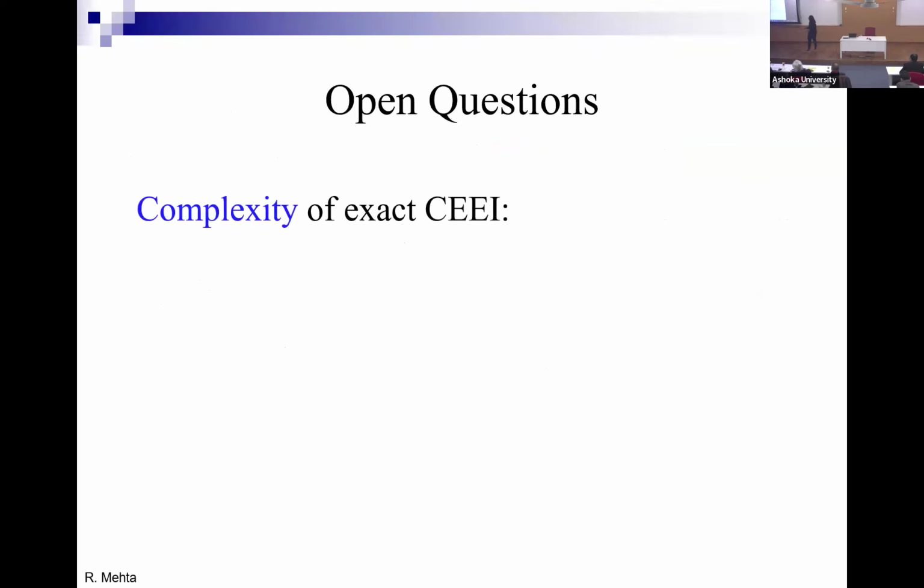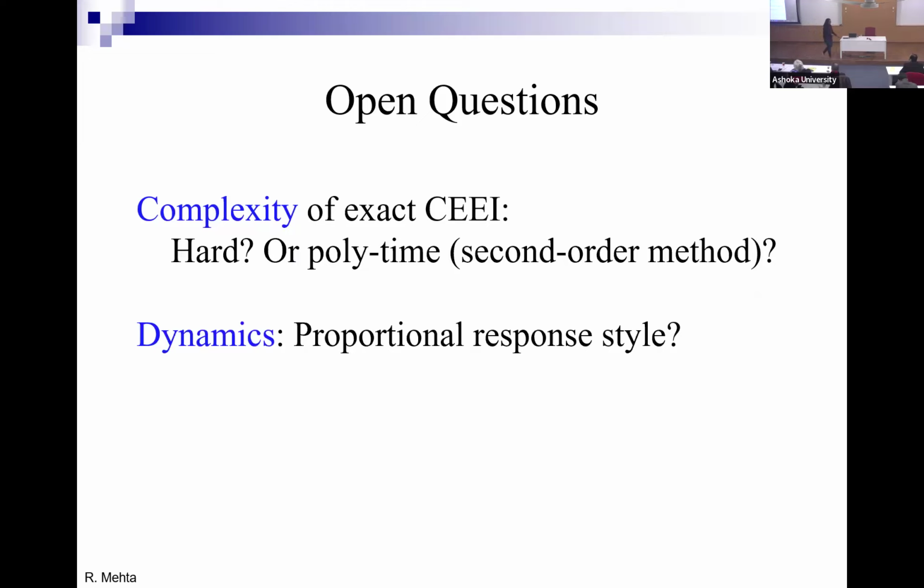But I want to end with some interesting open questions. The first one is, what is the exact complexity of this problem? Can we have a nice real polynomial time exact algorithm, combinatorial, or just optimization method style, continuous method style? What about dynamics in chores market?